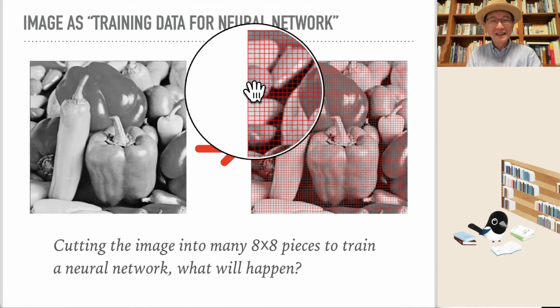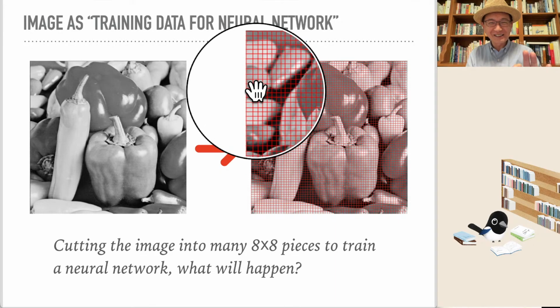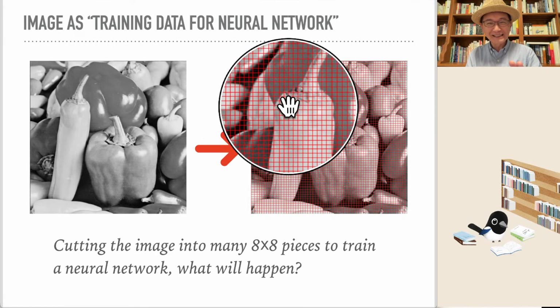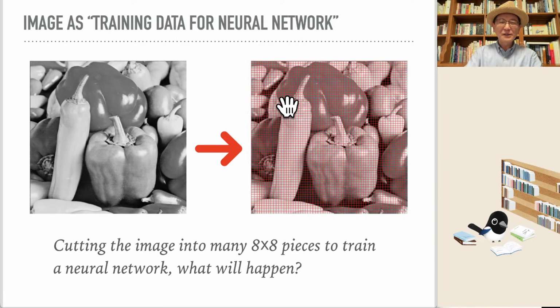That means that if you cut this whole thing into small pieces A by A like this, then you are treating a photo as a source, as an ensemble of 64-dimensional vectors, right?